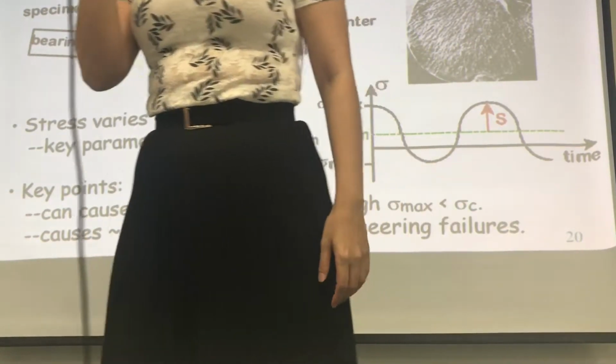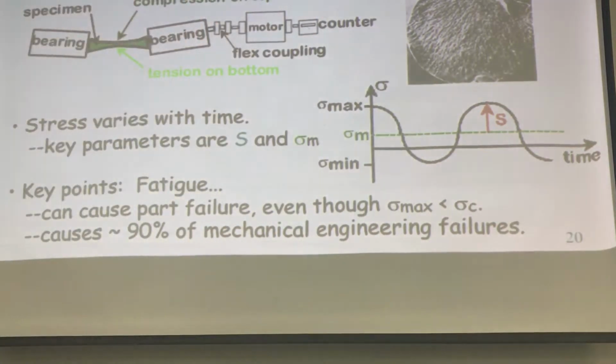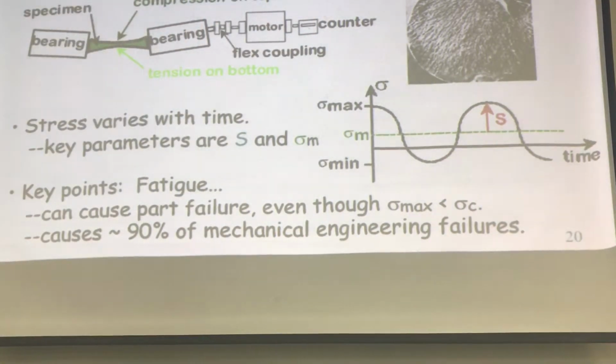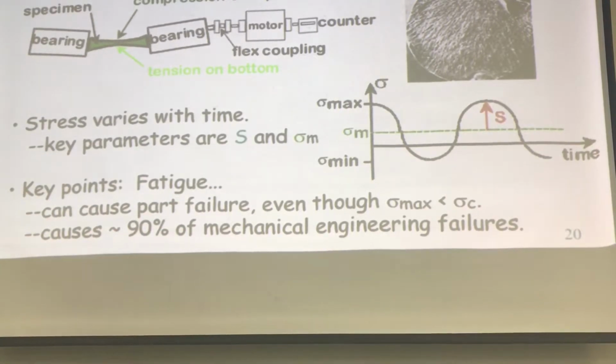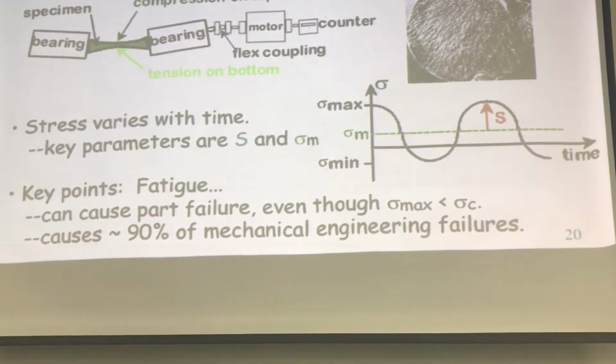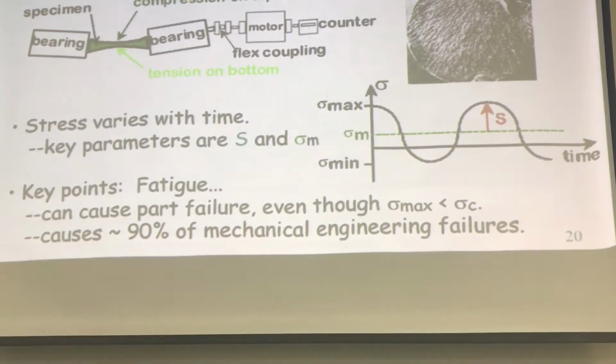Fatigue occurs under dynamic stress conditions. Dynamic stress, sometimes called cyclic stress, consists of tensile and compression. One tensile and one compression together we call one cycle.